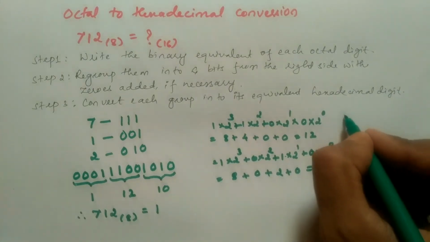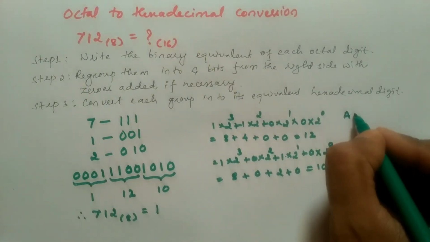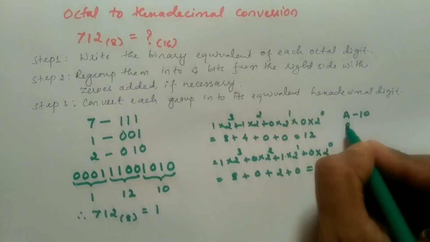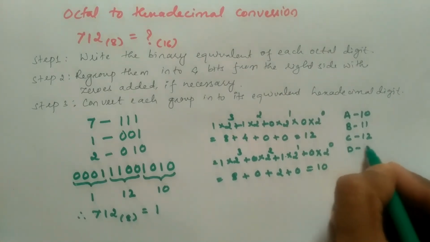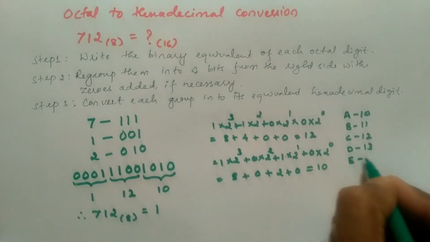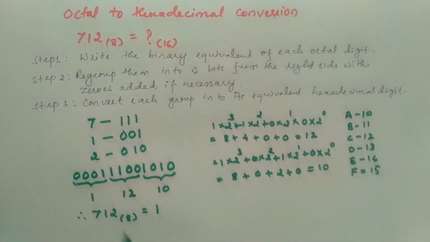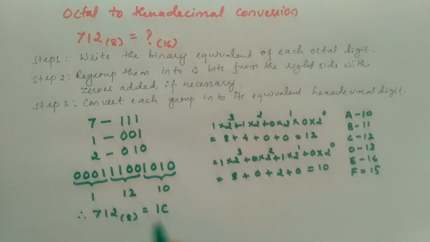We already know that in hexadecimal, after 9, 10 is represented as capital A, B is 11, C is 12, D is 13, E is 14, F is 15. Now you can see 12 represents C, so I write C, and 10 represents A. So that is A. So 712 to the base 8 is 1CA to the base 16.